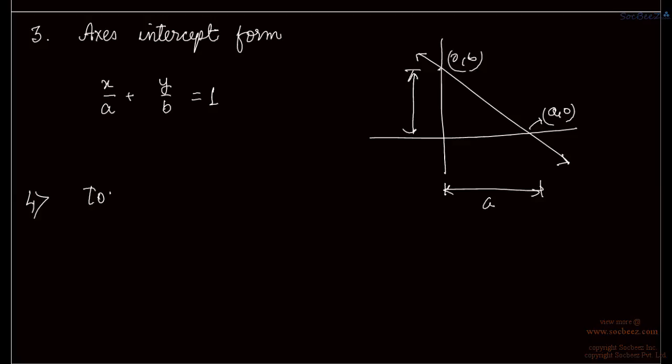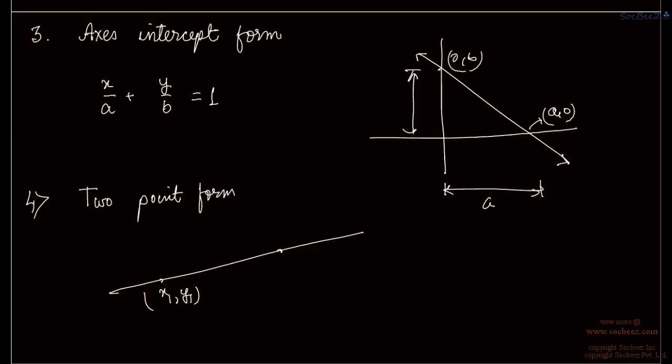Two-point form. That is a straight line passing through these two points x1 y1 and x2 y2.